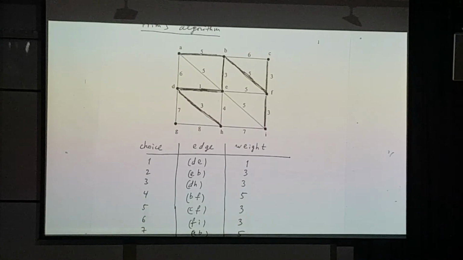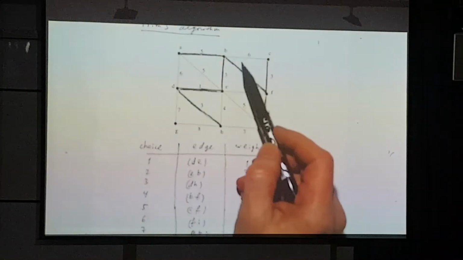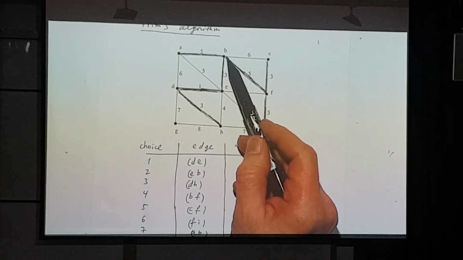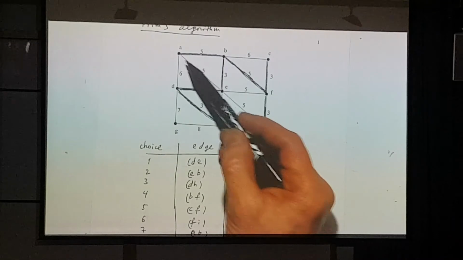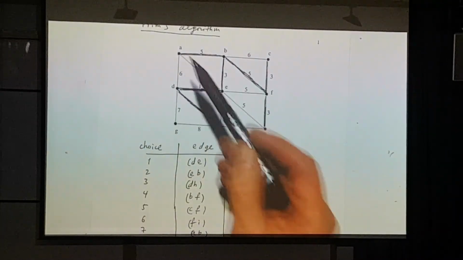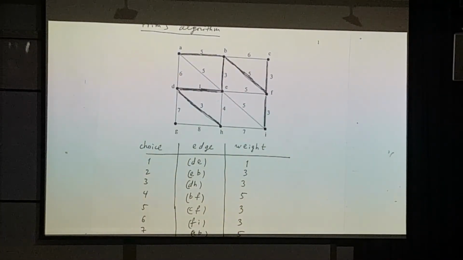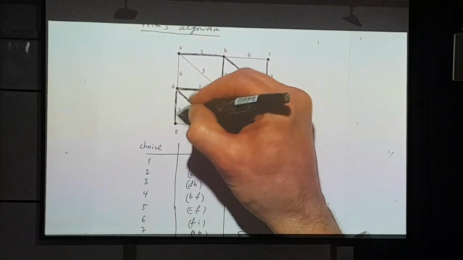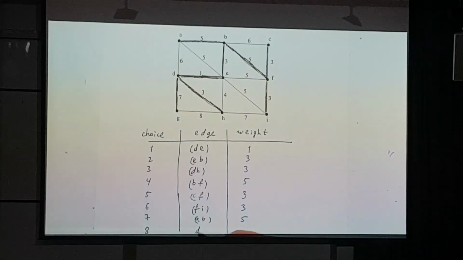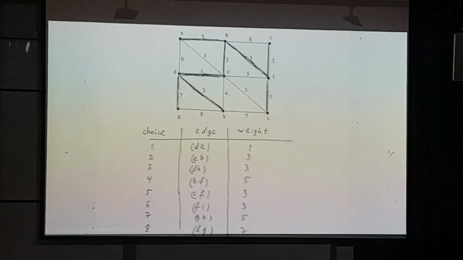So I try to see if weight 6 is a possibility. Adding BC will create a simple circuit, and adding AD creates a simple circuit. So next best option is weight 7, and that leads me to my final edge, DG, which is weight 7.